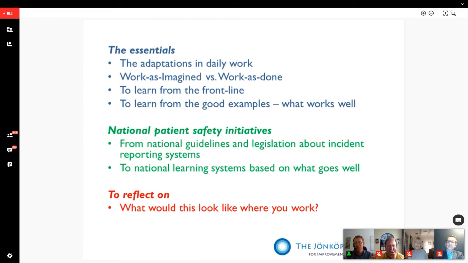How does that translate into national patient safety initiatives, which in a Safety 1 world is very much about national guidelines and also legislation about incident reporting systems? How do you transform that into a national learning system based on what goes well? While seeing this video by Nikki describing how this might be done in the Netherlands, I ask you to reflect on whether this would look like where you work. Can we please have the video?